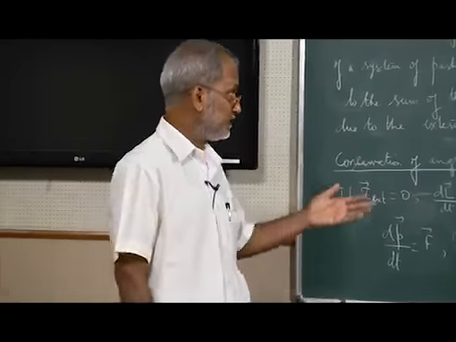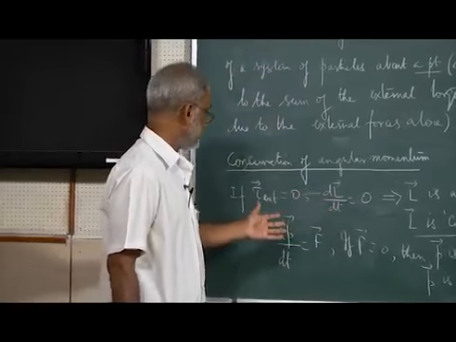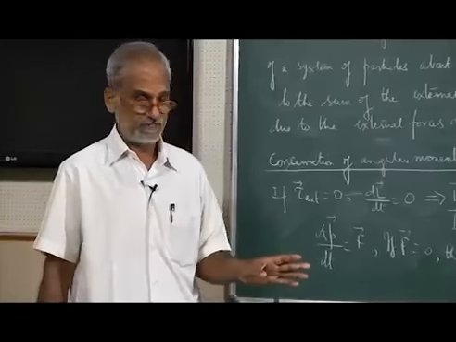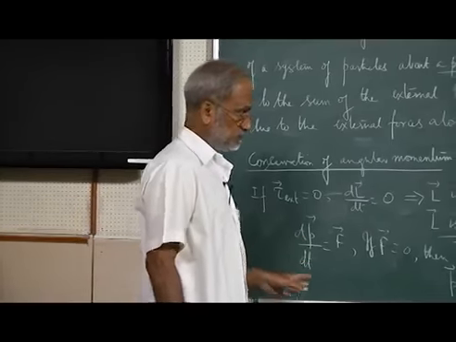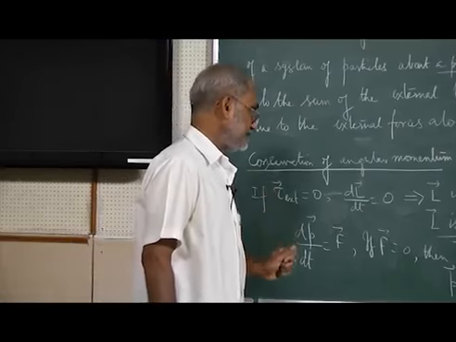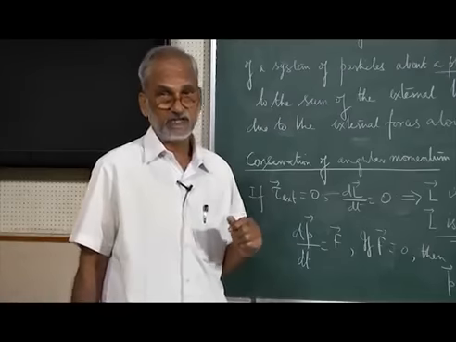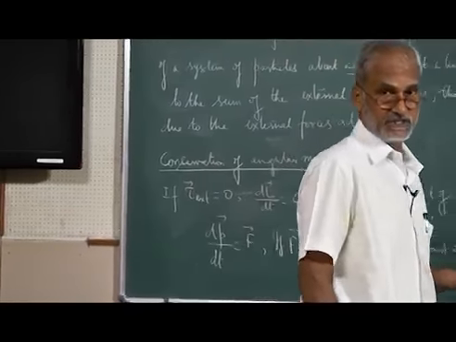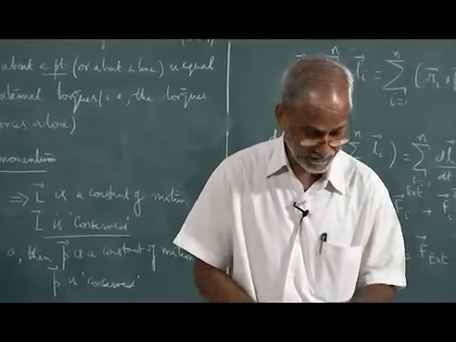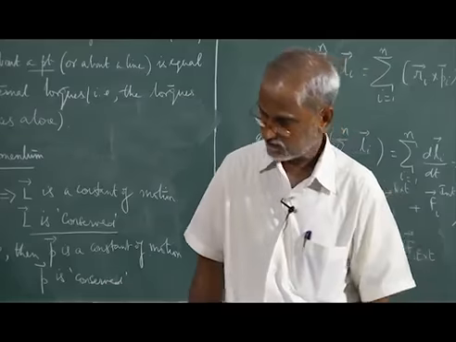The total momentum, as we did a few minutes earlier, is vector p1 plus vector p2 etc. So, when is orbital angular momentum a constant of motion? When the external torques vanish.